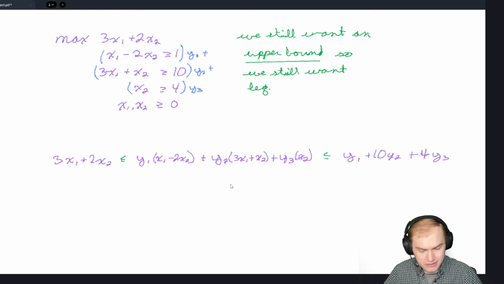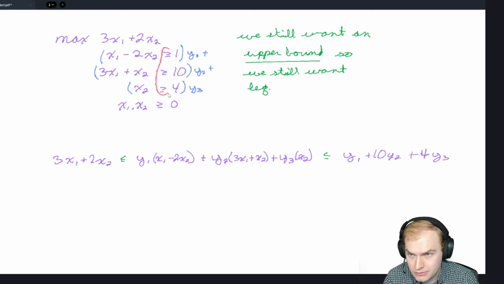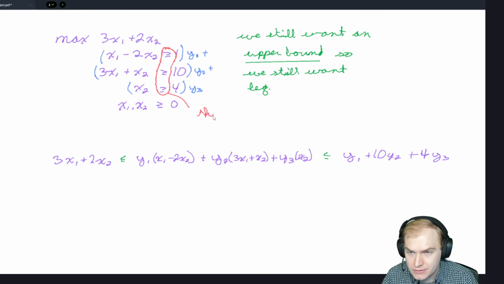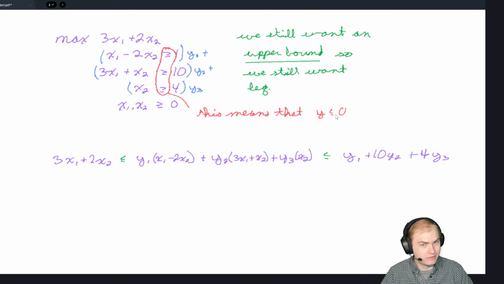So they all need to be positive, or they all need to be non-positive, rather. So this tells us that y should be non-positive instead of non-negative.